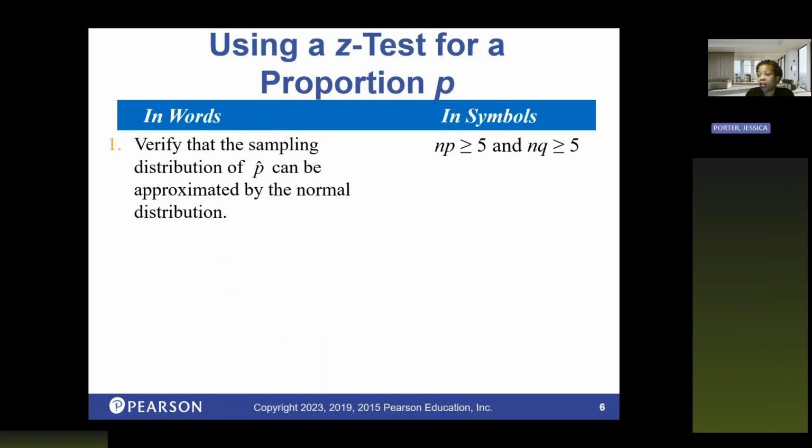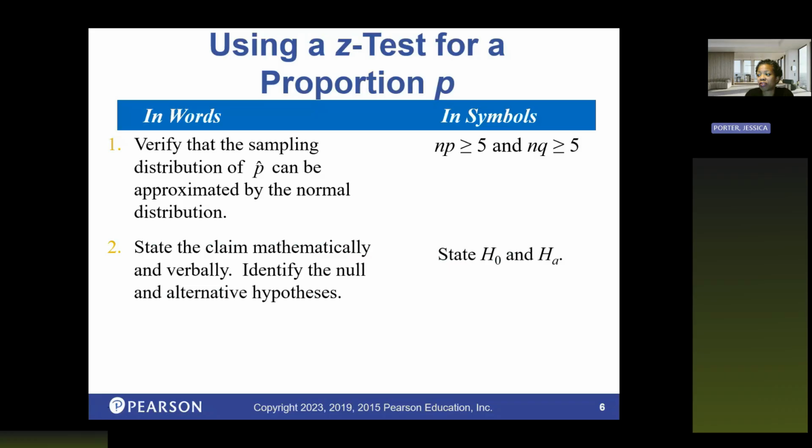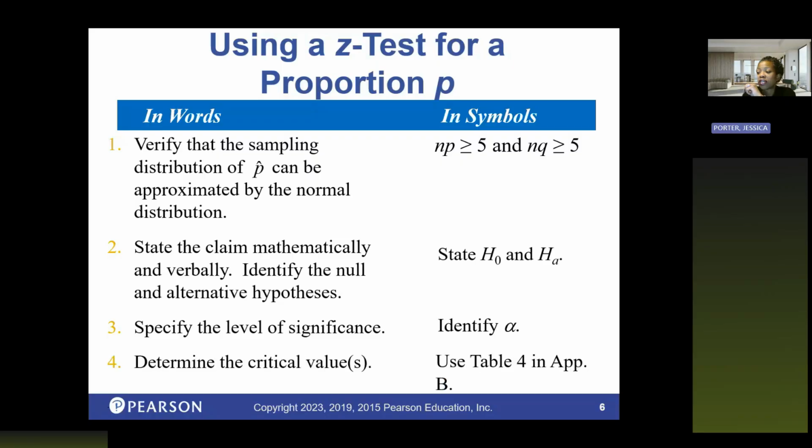So in words, we'll verify that we can use the normal distribution by np and nq being greater than or equal to 5. Again, we'll state the claim, the null and alternative hypotheses. We will identify our level of significance and determine the critical values.